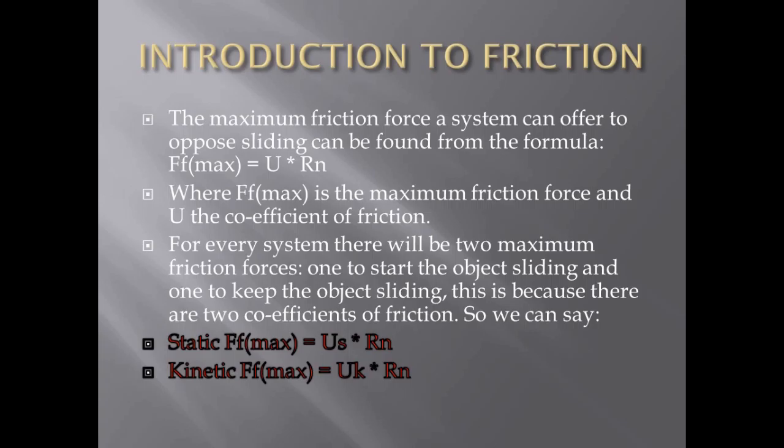This is because there are two coefficients of friction. So we can say the maximum static friction force equals the coefficient of static friction times Rn, and the maximum kinetic friction force equals the coefficient of kinetic friction times Rn.